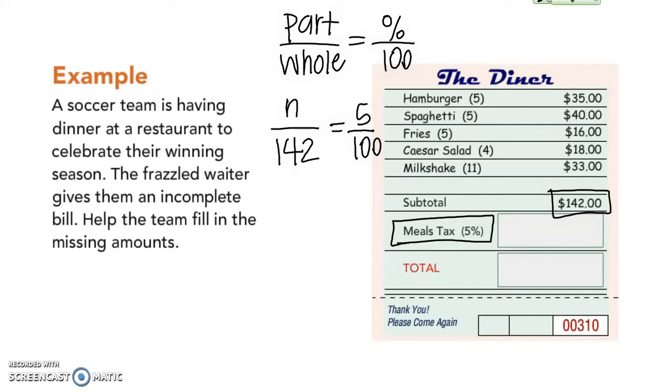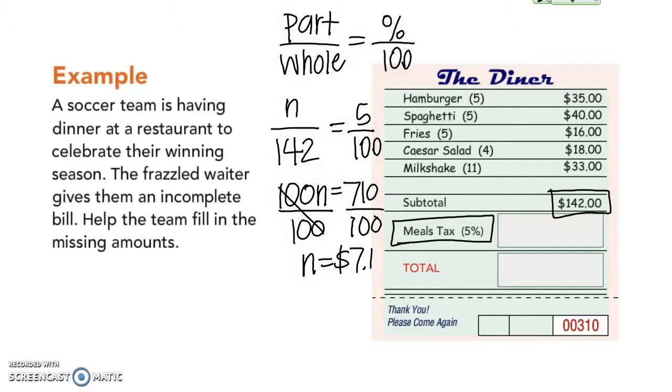I'm trying to figure out what the part would be. The part is going to be my sales tax. So then remember how to solve a proportion. We just cross multiply. So 100 times n would be 100n, and then 142 times 5 is 710. Then we're going to divide by the 100, and that leaves us with $7.10. That is our amount of sales tax.